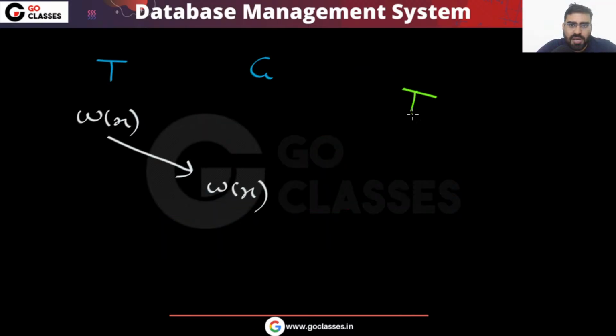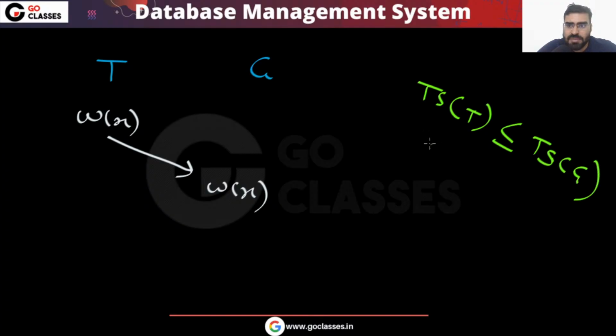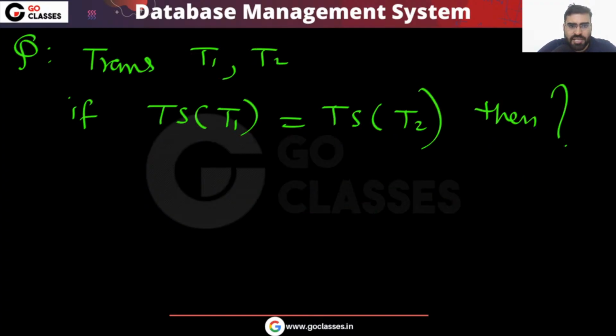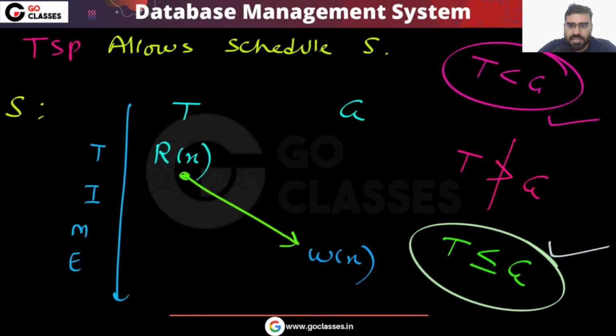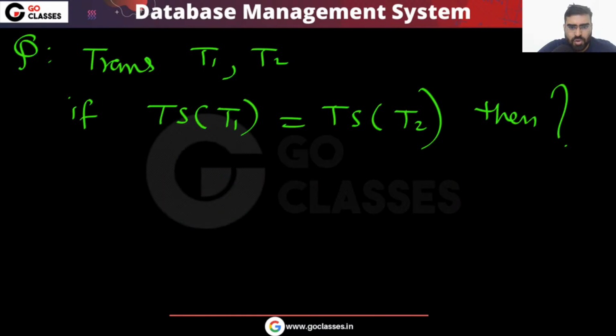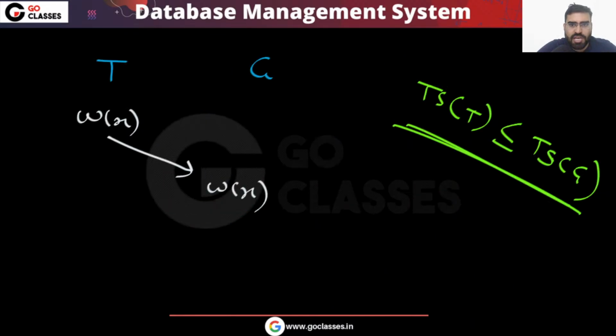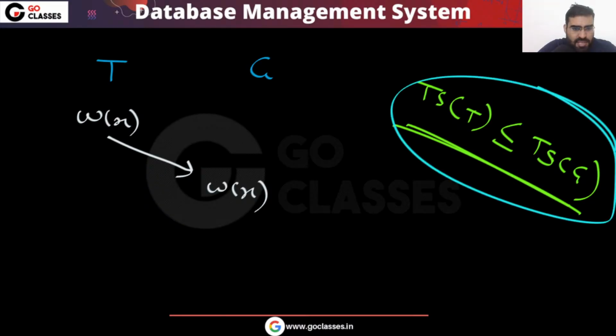Again, the answer will be: the timestamp of T will be less than or equal to the timestamp of G. Okay, let's move on. So again, you can notice that the timestamp of T will be less than or equal to the timestamp of G.